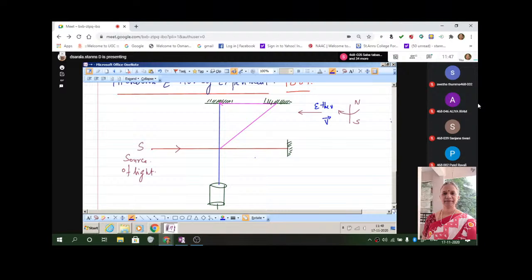If you have copied, let us imagine, write down the points. S is a monochromatic light.